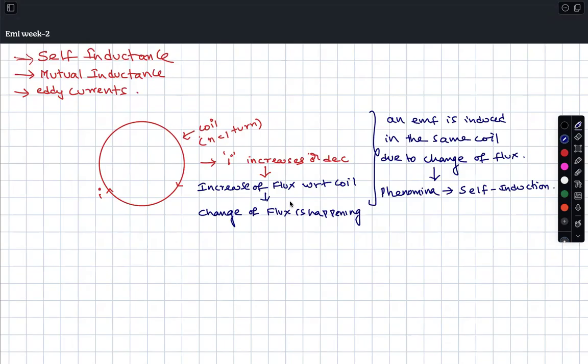Whereas now, I am discussing change of flux due to change of current in the same coil. And this phenomenon is what we will call self-induction. So self-induction implies an EMF is induced in the same coil due to change of current in the same coil.